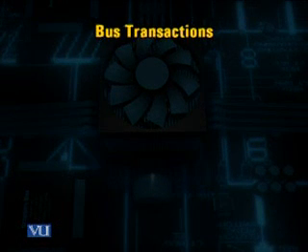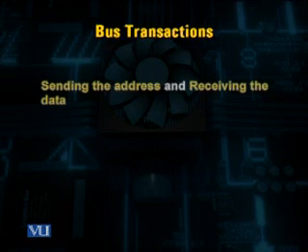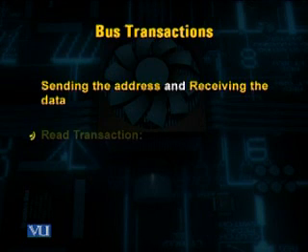The bus transaction, in fact, includes two parts, that is, sending the address and receiving the data. Now, let us see how the read transaction takes place. For read transactions, the address is first sent down the bus to the memory together with asserting the read signal.